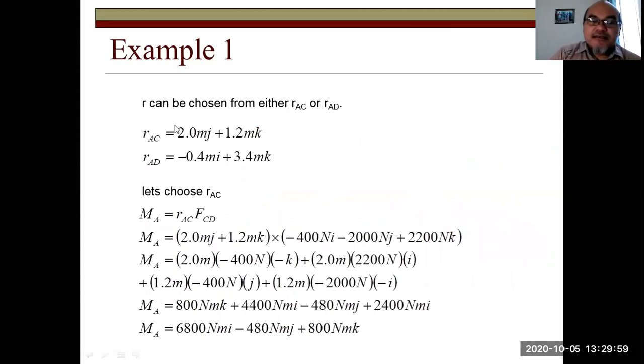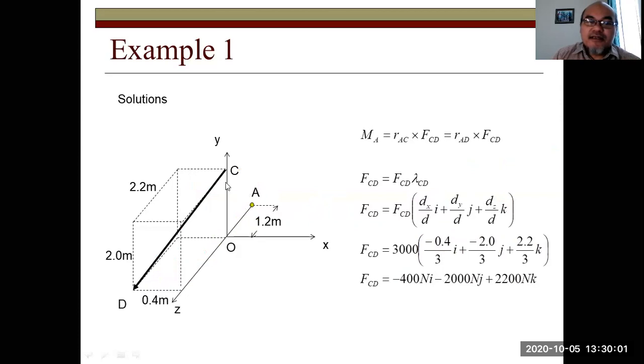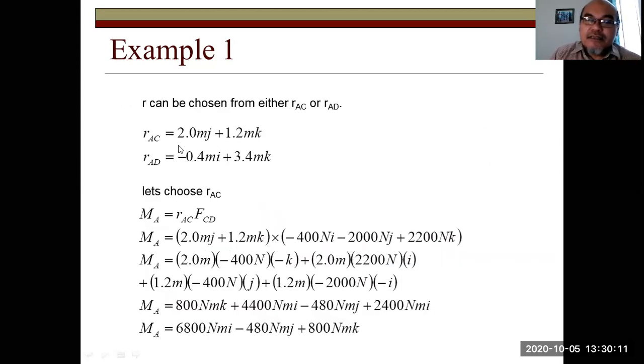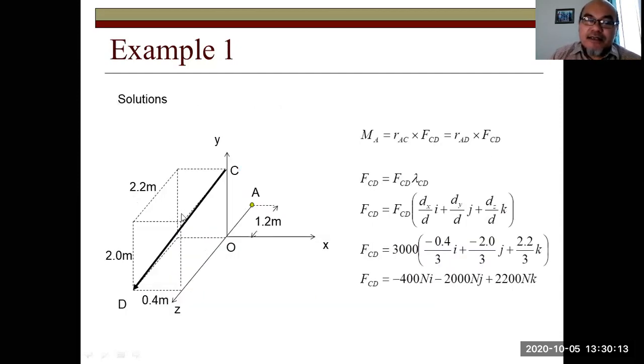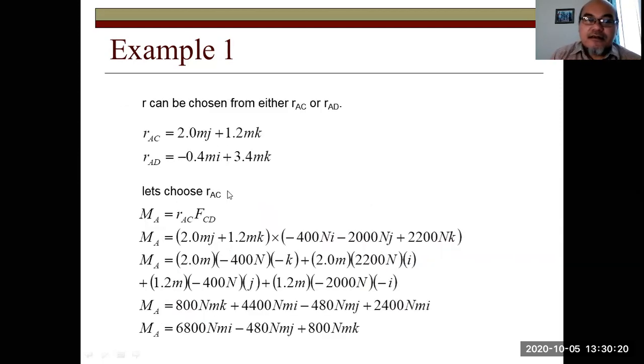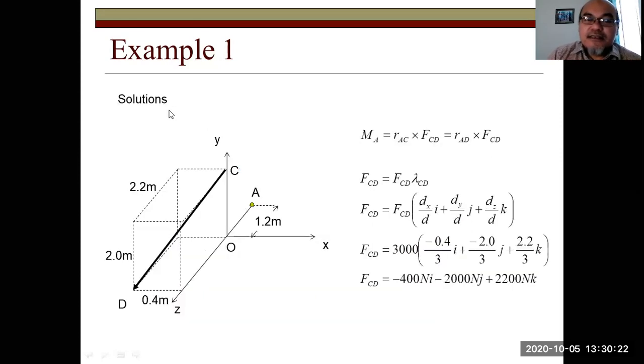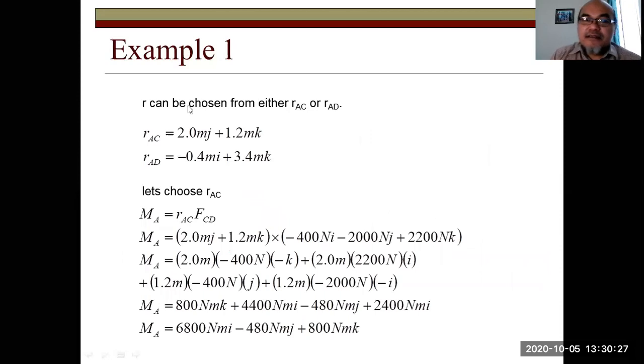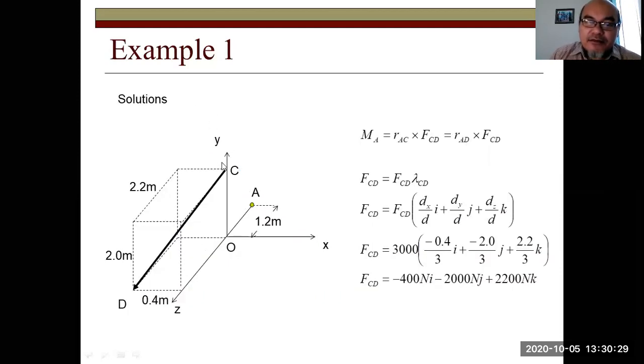Then the position vector RAC is known. RAC is from A to C. From A to C here, how to get it? The coordinate at C minus the coordinate at A. The X part is 0 to 0, so there is no I component. The Y part is 2 meter minus 0, that's why it is 2 meter J. And the Z part, from A to C, is from minus 1.2 meter to 0.